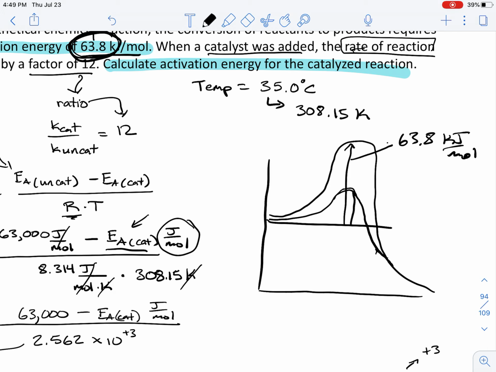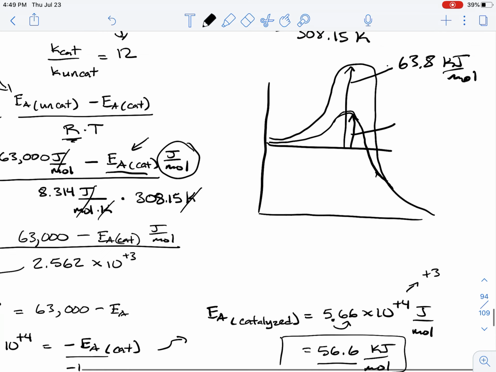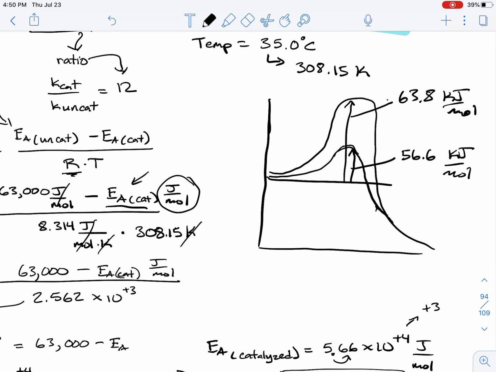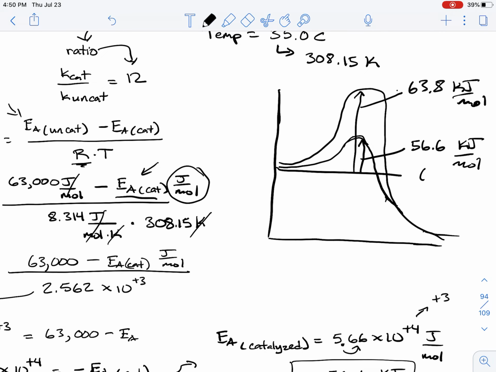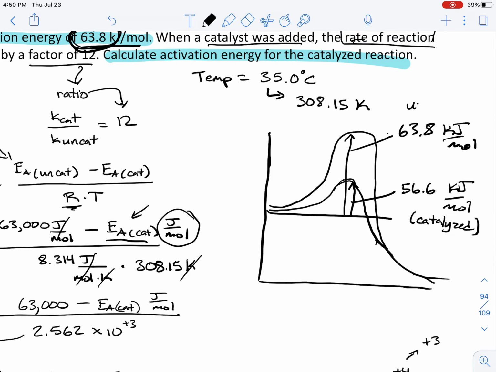And this height, the catalyzed reaction, would be 56.6 kilojoules per mole. Okay. So obviously this potential energy diagram is not to scale, but it kind of gives you an idea or visual that the catalyzed reaction will have a lower activation energy than the uncatalyzed reaction.